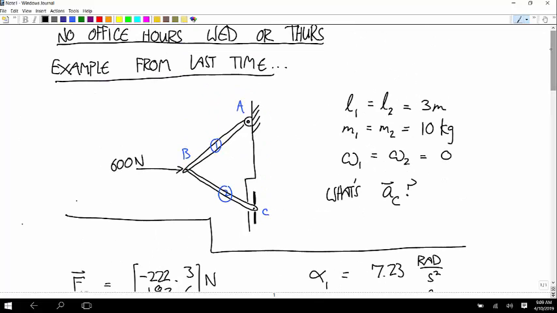Look at the way this linkage is set up: these two have the same length, right? So no matter what these angles are, whether it's flat or pulled out, at any instant that has to be an isosceles triangle. Those two lengths are the same. Since this is horizontal, those two angles have to be the same at every instant. And if they have to be the same at every instant, they have to be changing at the same rate.